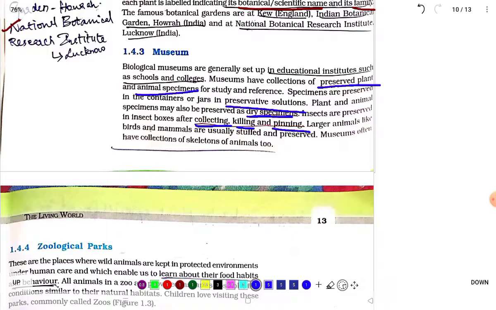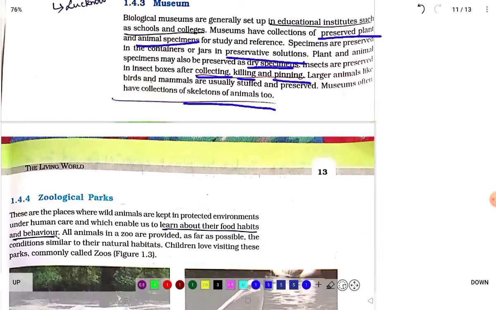Large animals like birds and mammals are usually stuffed and preserved. The museum often has collections of skeletons of animals too. This you all know. I hope that at least once in your lifetime you would have visited museums, or at least watched them in the movies.